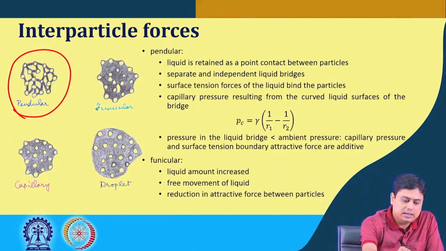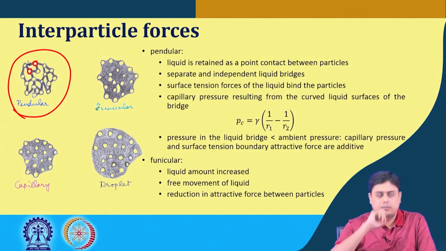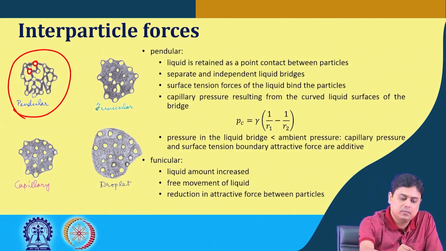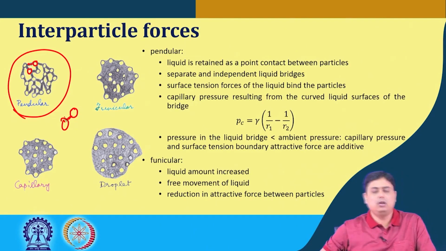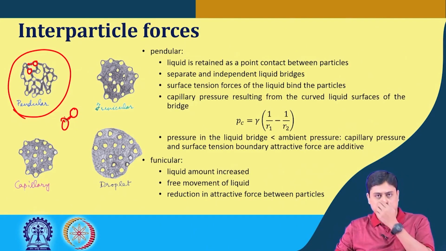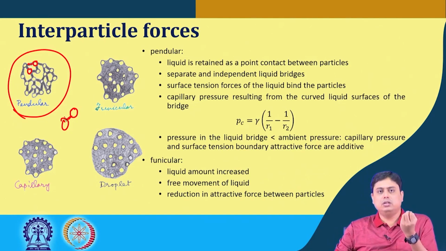So, these empty circles are the particles, and in between we have the point contact of the liquid, which acts as a liquid bridge. So, liquid is stuck between these two particles, which in fact acts as a binder.